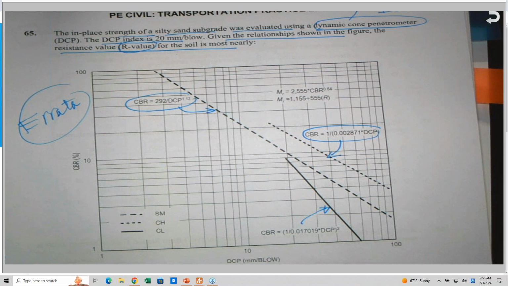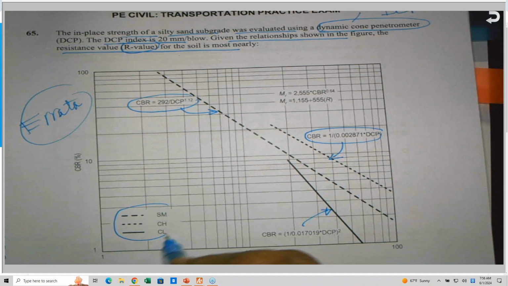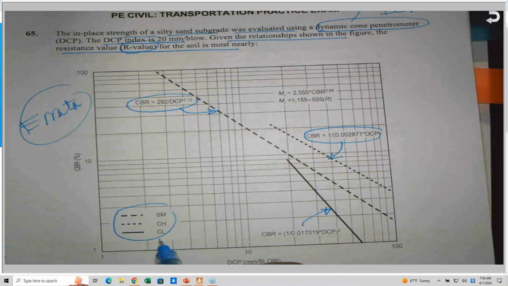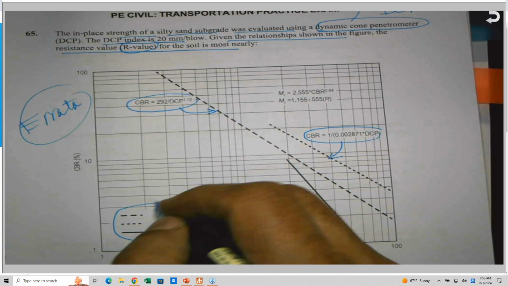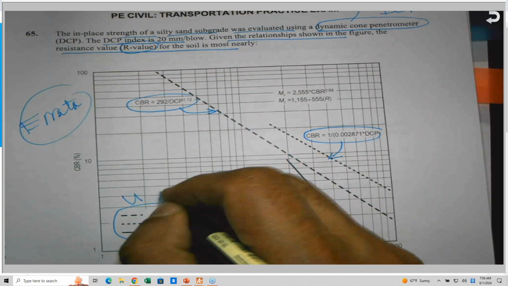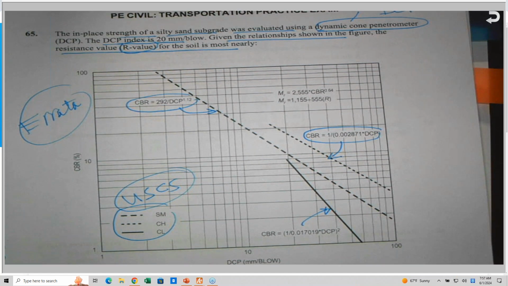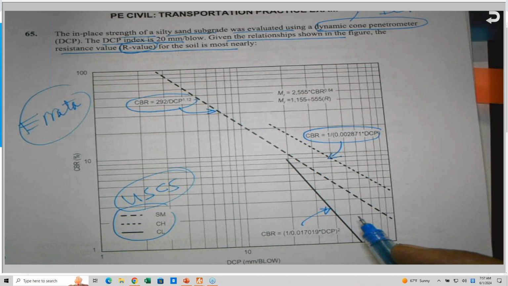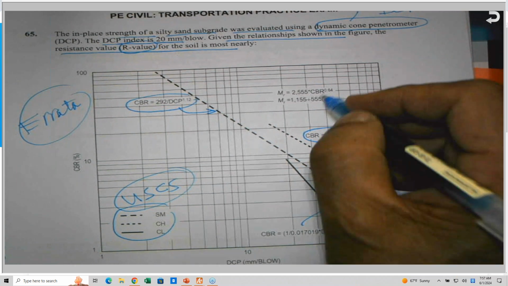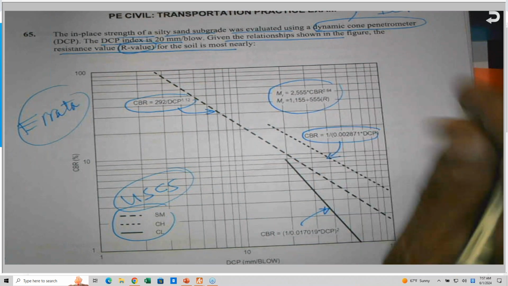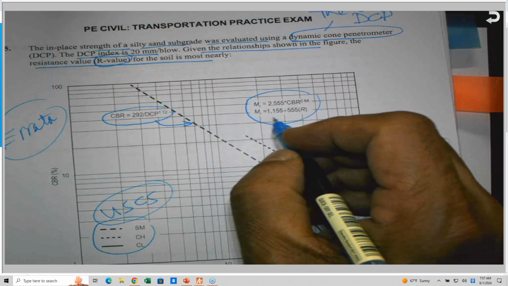Since this is SM, CH and CL, these are the soil types, as you know, by the Unified Soil Classification System, USCS. He gave you equations, and this is the M sub R, which is the resilient modulus.